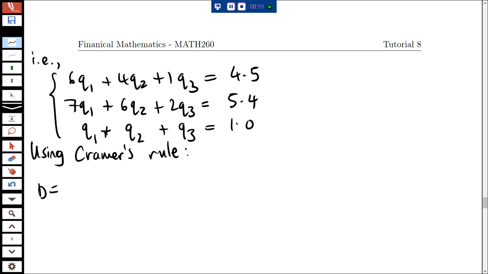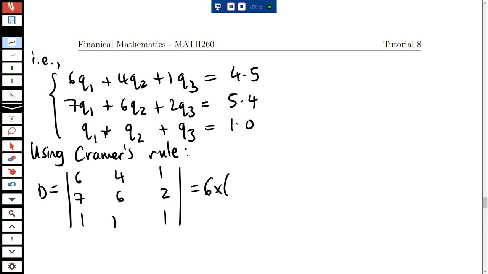For Cramer's rule, I'm going to build the determinant of the coefficients on the left-hand side, expanding across the top row using 6, 4, and 1. So 6 times the minor, which is 6 take away 2. Then the 4, so I need a negative, and the minor is 7 take away 5. And then the 1, with 7 take away 6, which is 5.